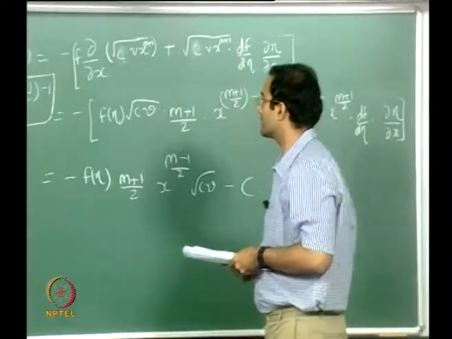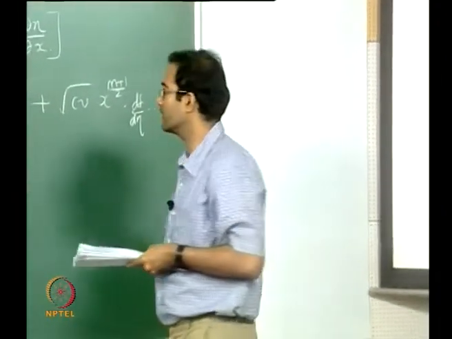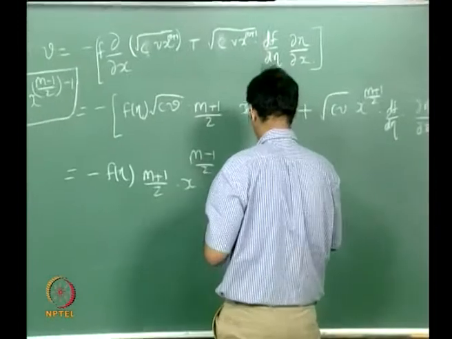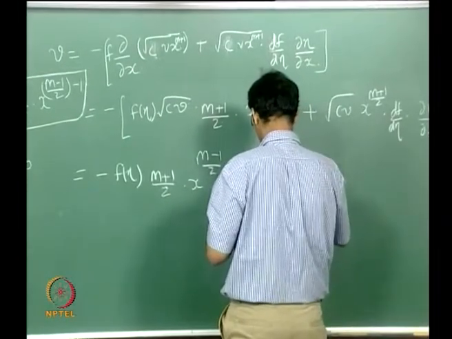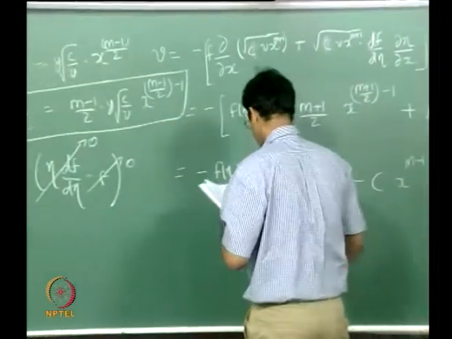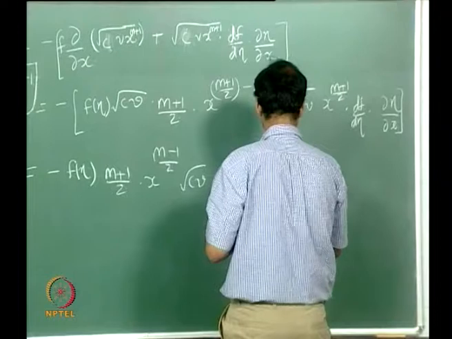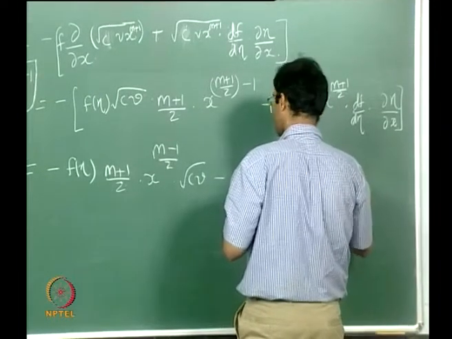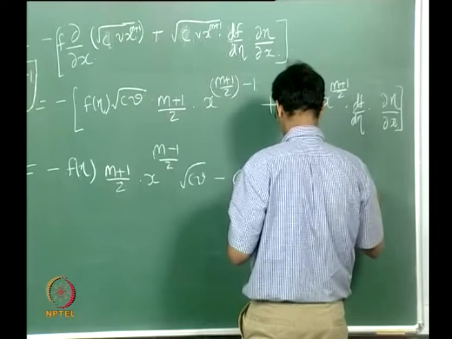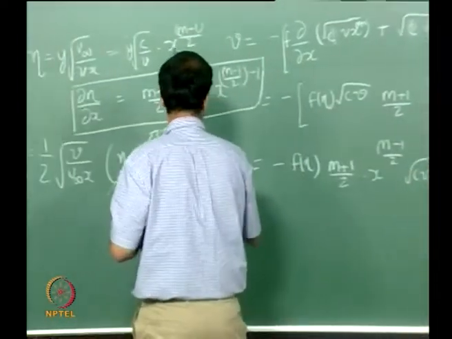So what does it give? X power m minus 1, okay. So therefore I will have x power m minus 1 into, I have m minus 1 by 2 into y, so I have y into m minus 1 by 2 into df by d eta, okay. So finally this is what I get for v velocity.